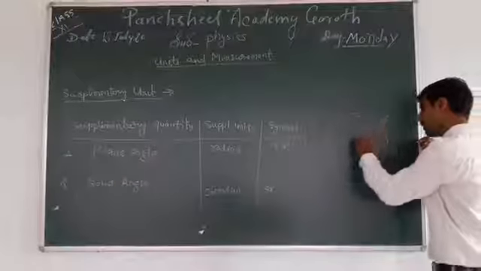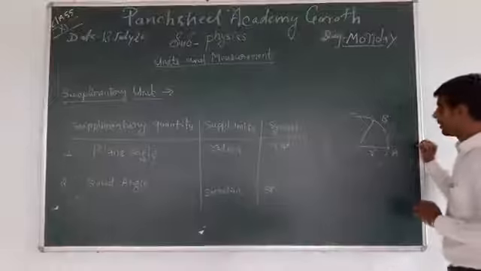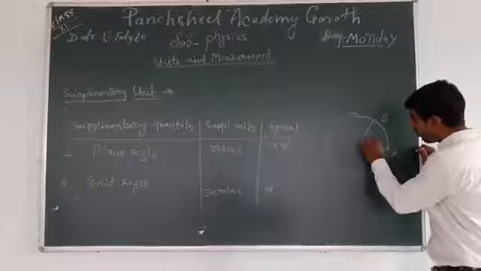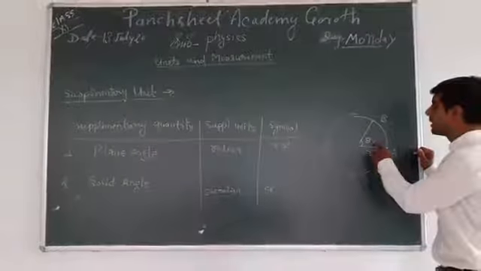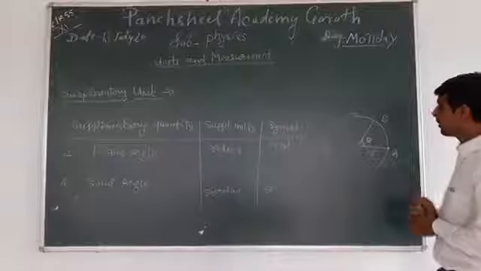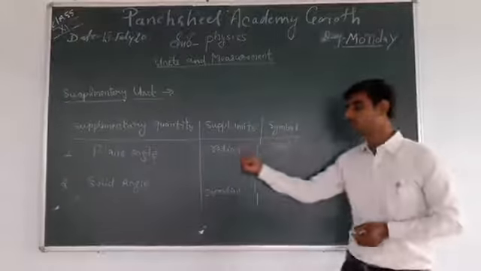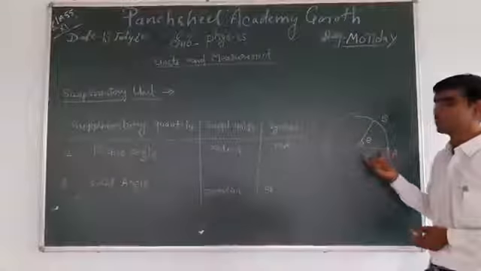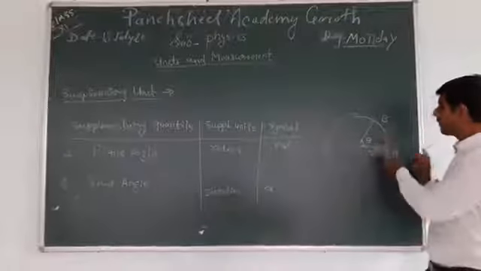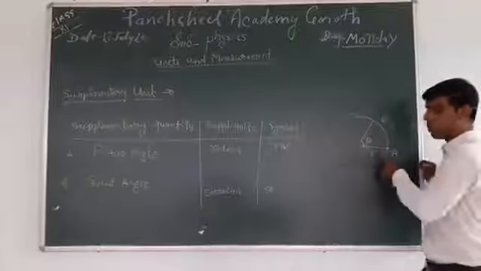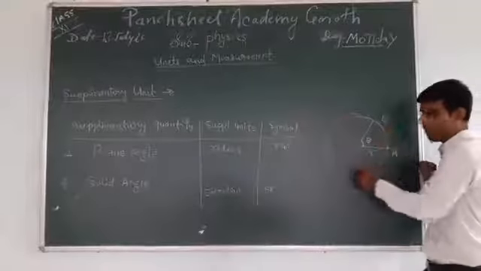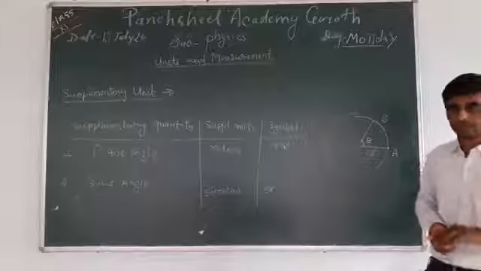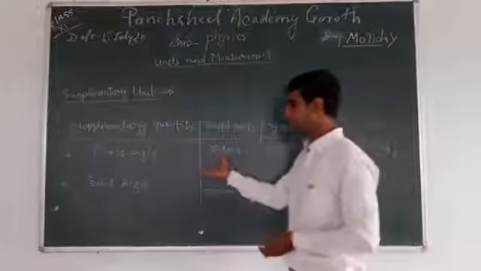If you want to find the angular displacement, this is the angular displacement theta, and theta is the plane angle. For measurement of this plane angle we use radian, 1 radian, 2 radian. If this object completes a whole cycle or 1 revolution, then we can say that it moves 2 pi radian.